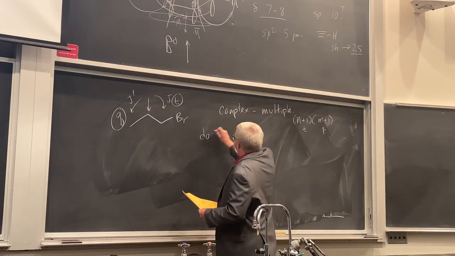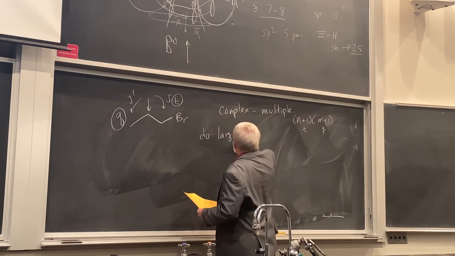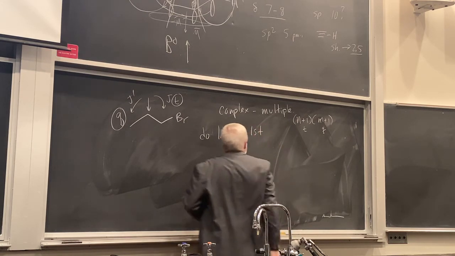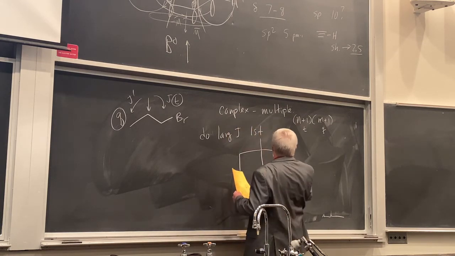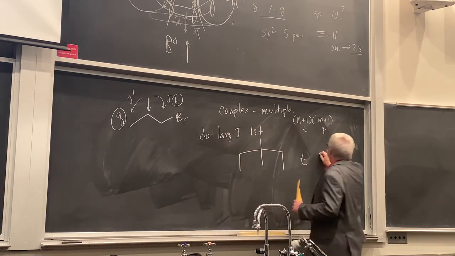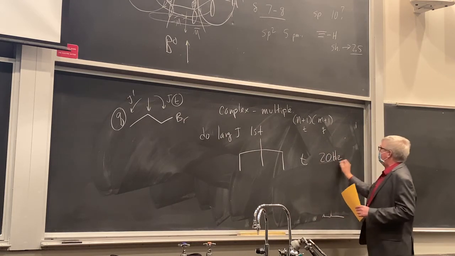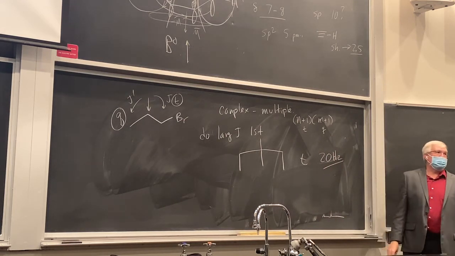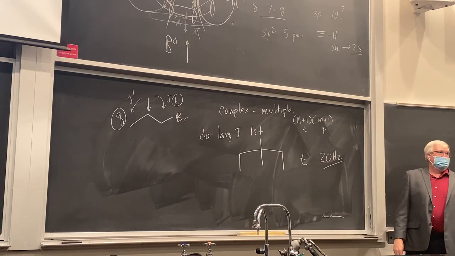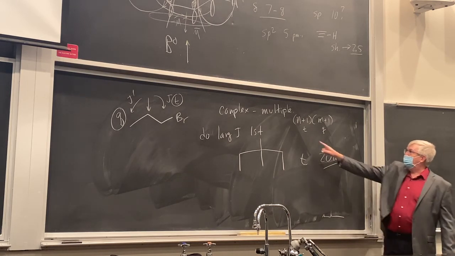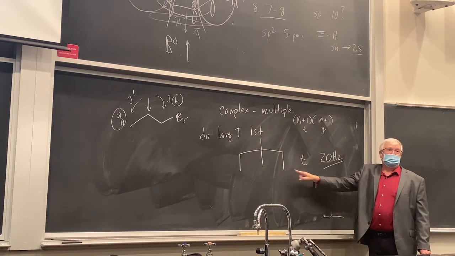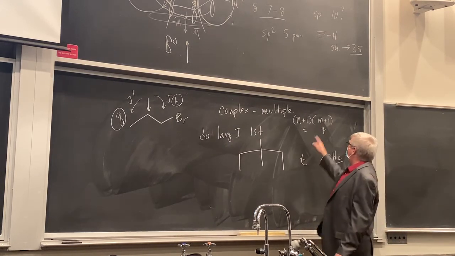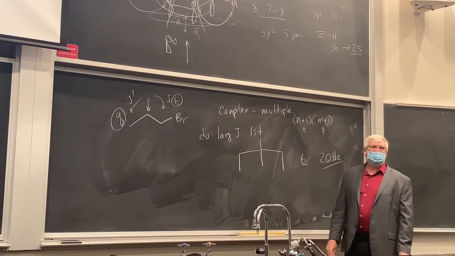Do the large J first. And the large J is this triplet, let's just say. There's our triplet, and for the sake of argument, it's large. It's 20 hertz, so it's going to spread things out nicely. That's quantum mechanically looking at the spin state of the methylene next door. It'll split out to a triplet. And then what's the next one we have to do? Oh, quartet.